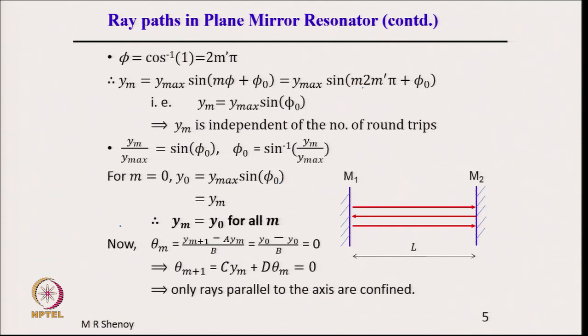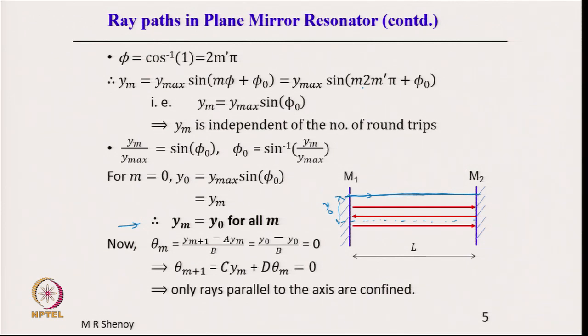What does this mean? This means y m is equal to y 0 for all m. What does this mean? This means if we start for some y 0 here with a ray, then the ray will go back and forth, and y m will be equal to y 0 for all m.